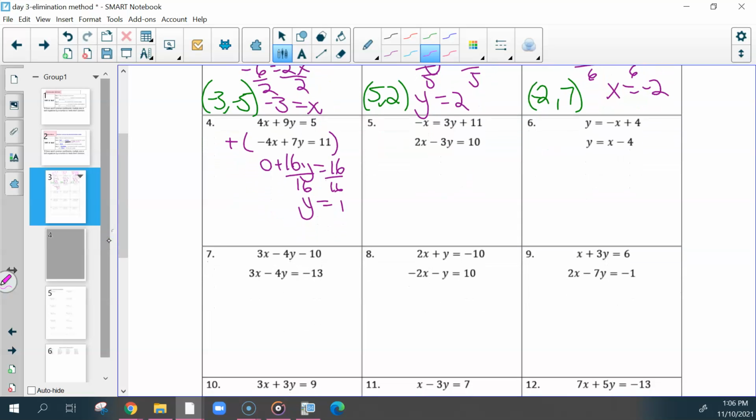I'm going to choose the first one. It doesn't matter which one. So this would be 4x plus 9 equals 5. Then we can solve for x.